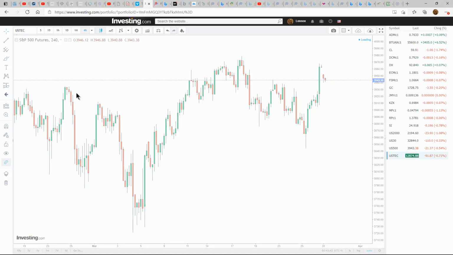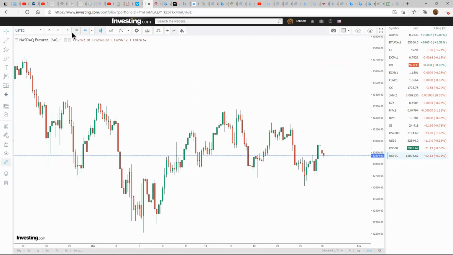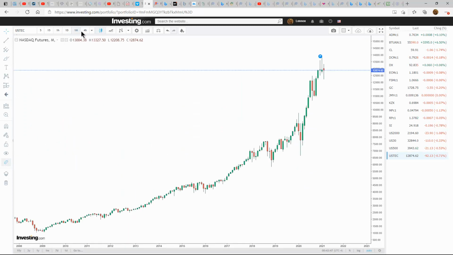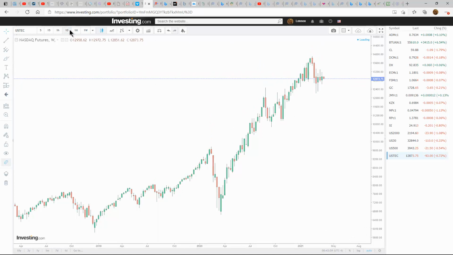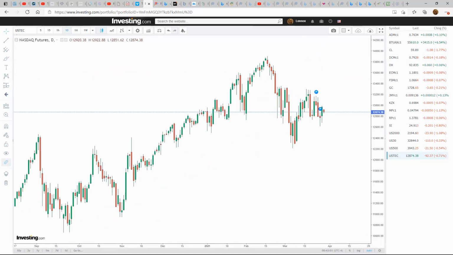The U.S. Technology Group has seen some dramatic drops this past week. So are we still going to drop, or are we going to turn around? Let's take a look on the weekly. We are at a consolidation area on the daily. It looks like we reached a pretty strong support resistance area here, and now we bounced.